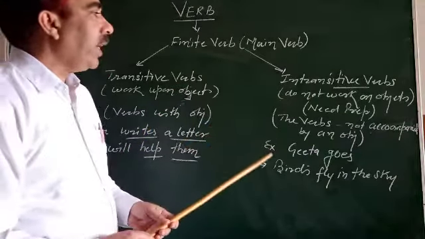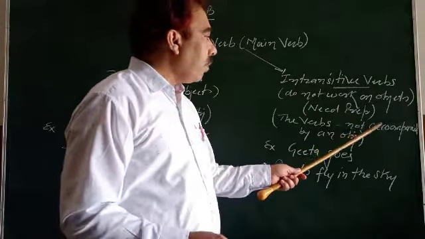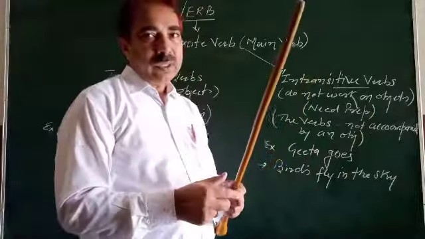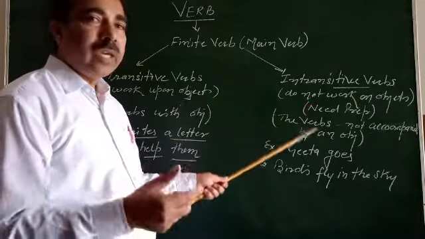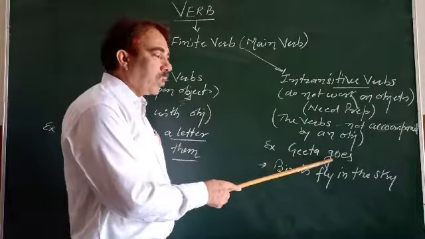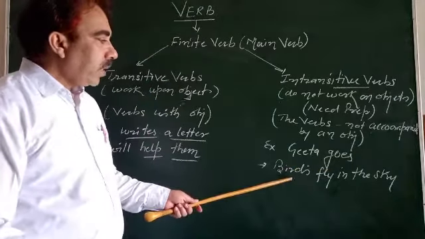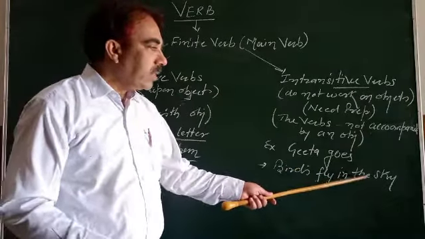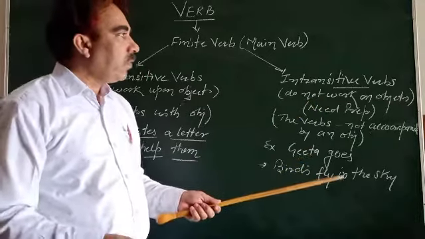Or simply we can say the verbs which are not accompanied by an object are called intransitive verbs. When there is no object, simply you can say Geeta goes. So there is no object. Next sentence, birds fly in the sky. So these are examples of intransitive verbs.